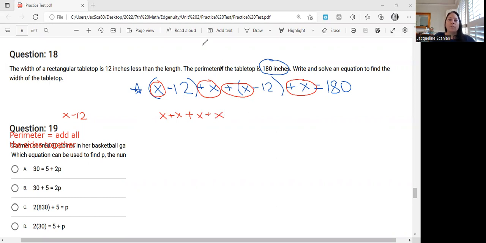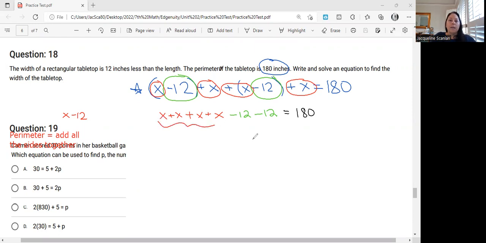Then I am going to combine the minus 12, which is a constant, and the other minus 12, which is a constant. So I'm putting my like things together, and that is going to equal 180. Remember, the perimeter is 180. That was given.